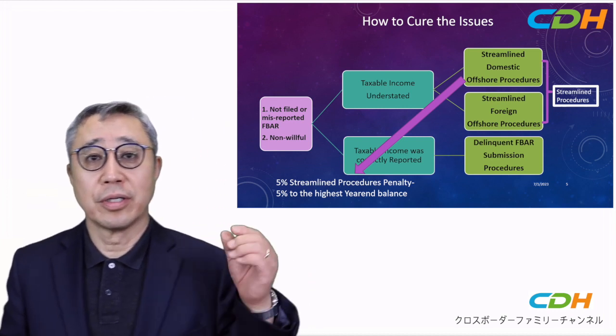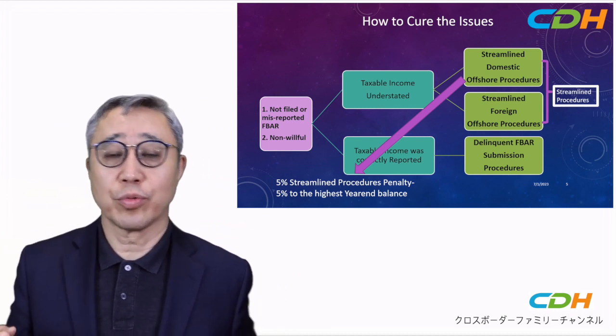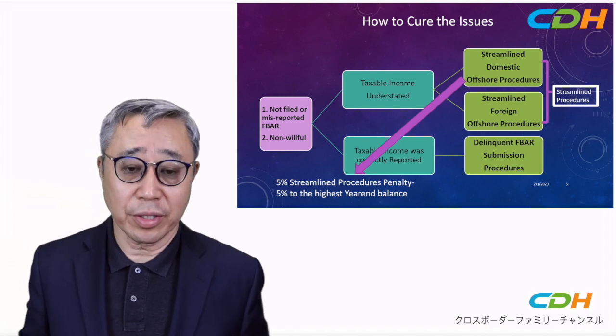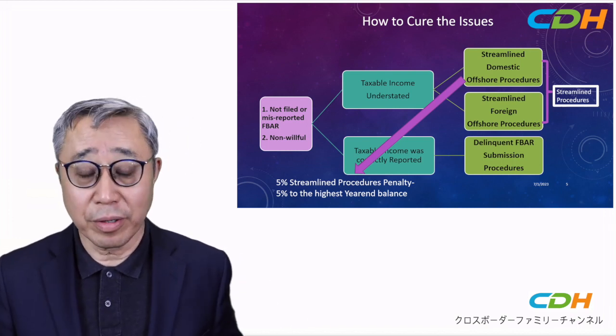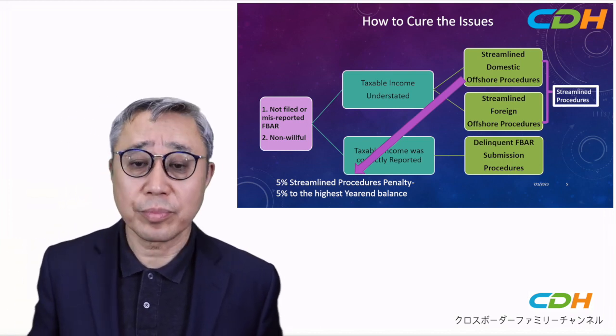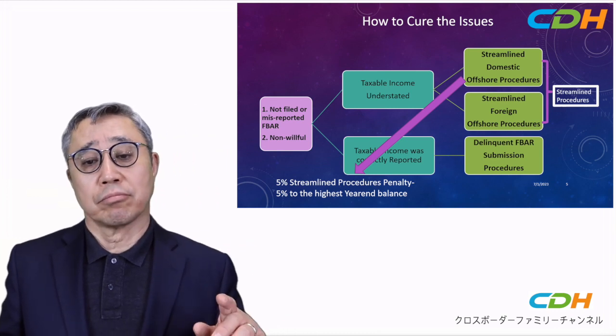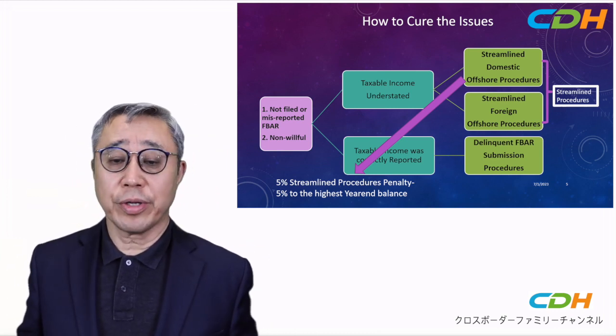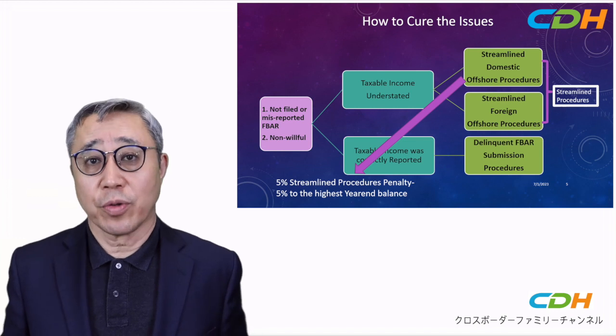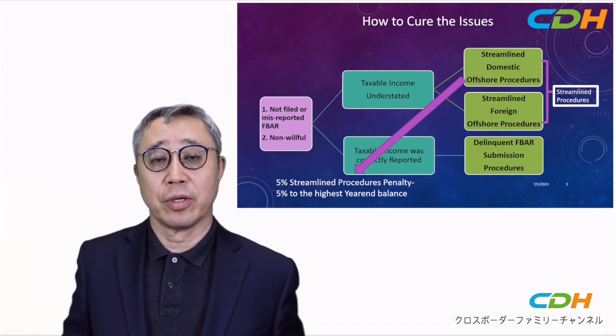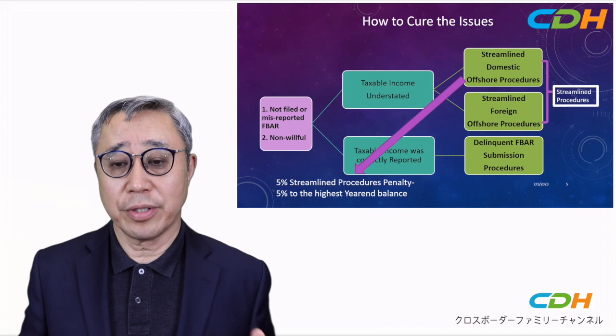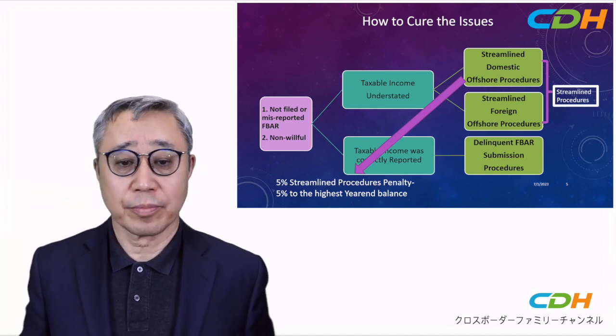I don't think amending the returns would incur any penalties in this case because you're already paying the penalty under streamlined. However, under the streamlined foreign offshore procedure, there is no penalty. It's a huge difference here.